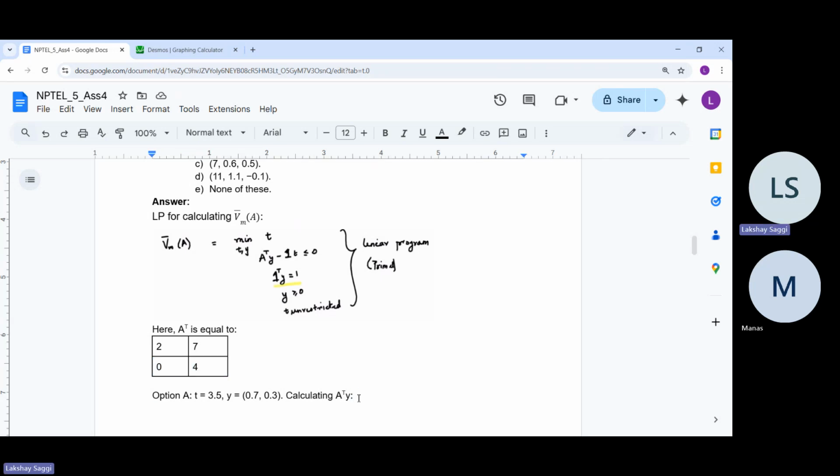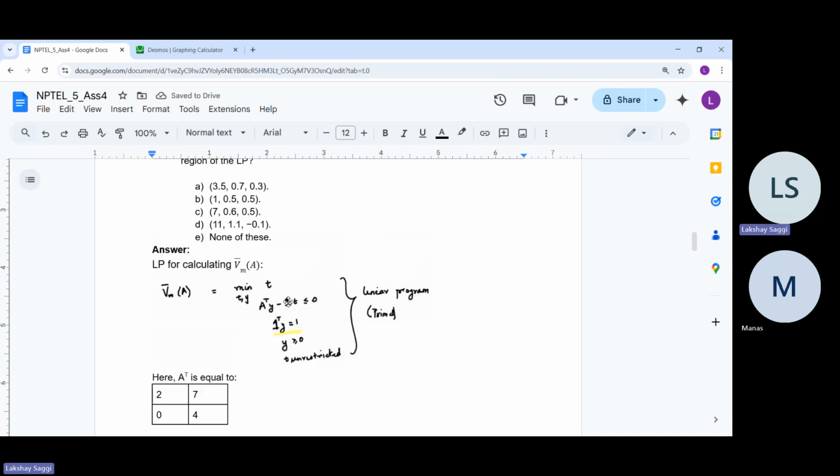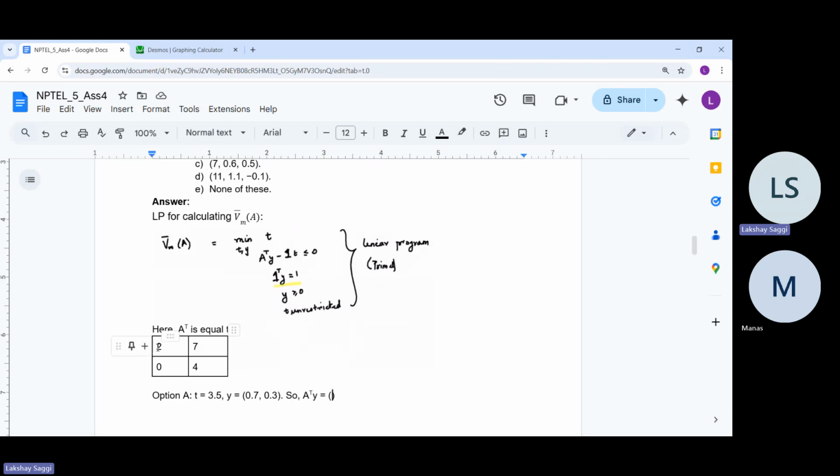So what will be the value of A transpose Y for us? I hope everyone remembers matrix multiplication. This is the matrix A transpose and Y is this vector 0.7 comma 0.3. Think of Y as a column vector whose first entry is 0.7 and second entry is 0.3.